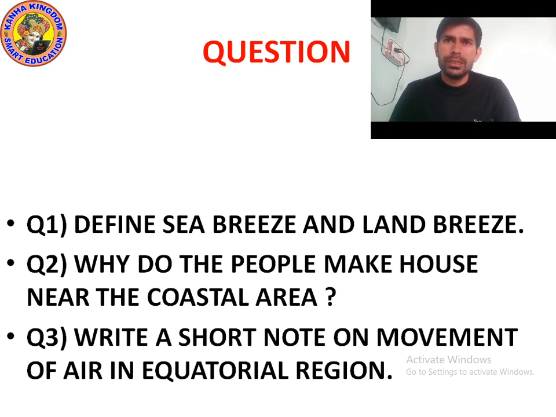Question number three: write a short note on the movement of air in the equatorial region. The reason behind it is uneven heating of the earth.